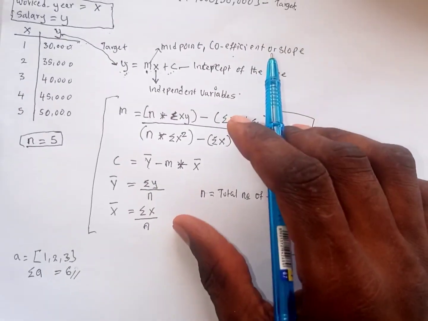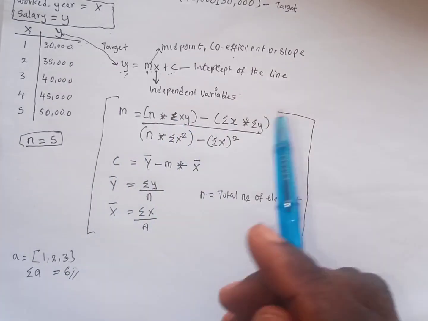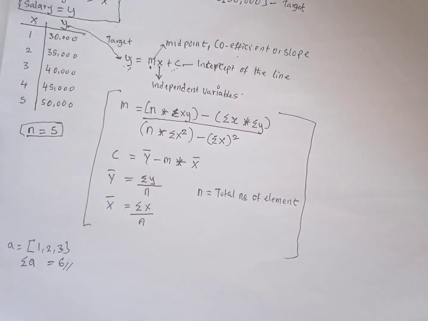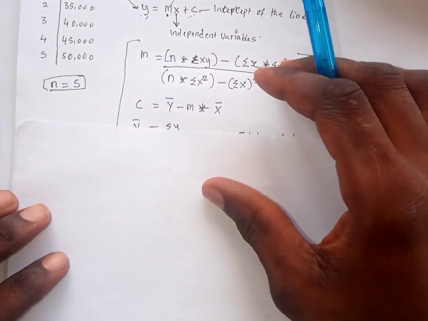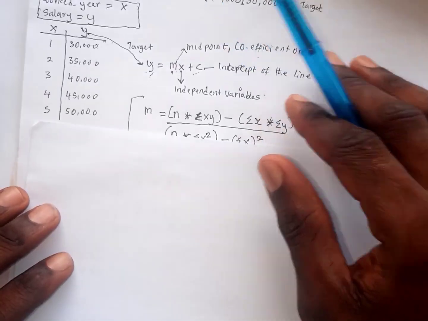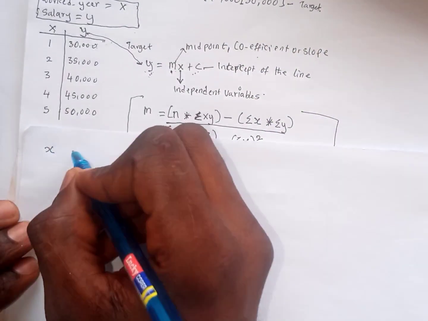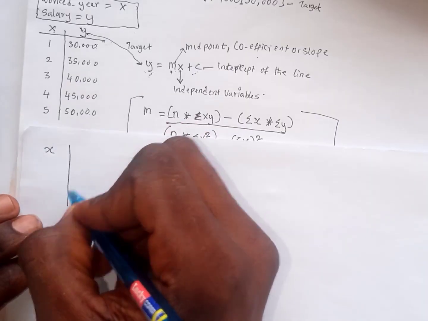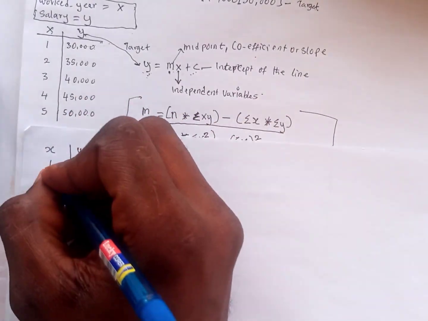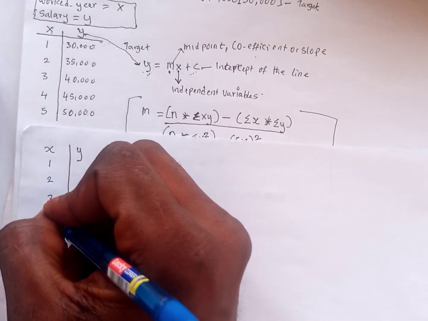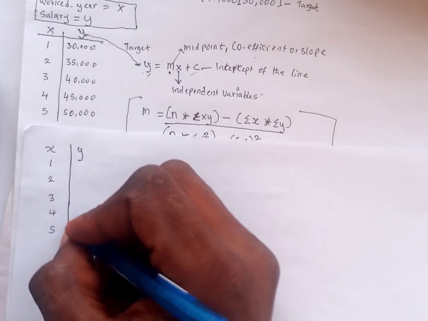Since we have been given our x and our y, we're going to do some other mathematical things on it. So let me bring out a new sheet so we can do it here. The first thing I want to do is put down our x and then our y. The values of x given are 1, 2, 3, 4, 5, as we can see here already. So I just want to write it down.